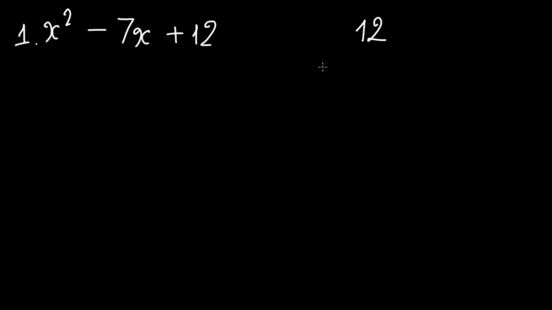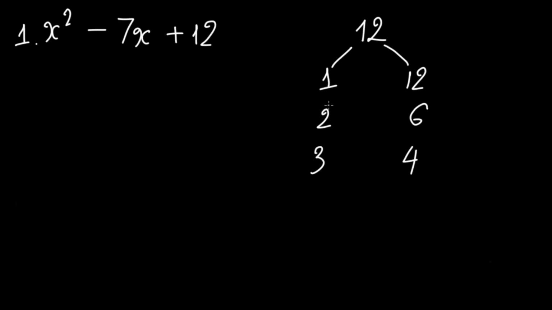So, let's put some numbers here. 1 times 12 equals 12. 2 times 6 equals 12. 3 times 4 equals 12. And then 4 times 3, which is the same as 3 times 4. And then 6 and 2, and then 12 and 1, which is the same, right?